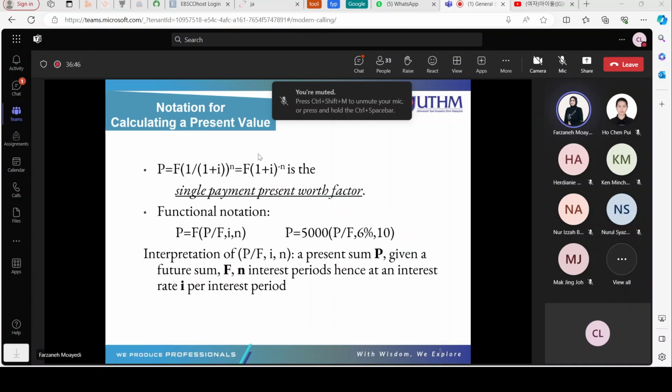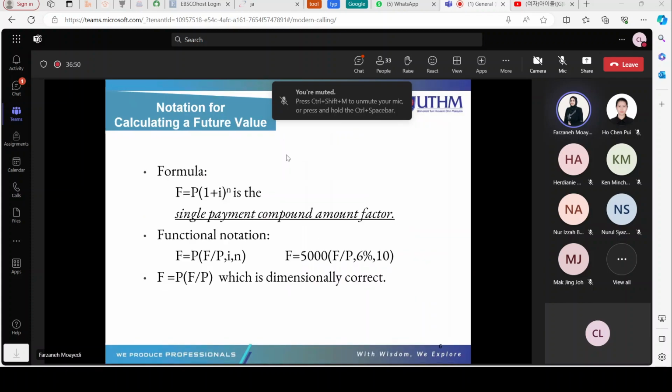So what you saw here is for the present value. The next one is going to be for the future value. As I told you, if you only learn one of these formulas, every other formula is very similar in concept to the first one.